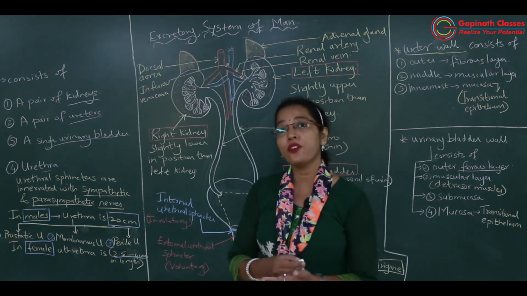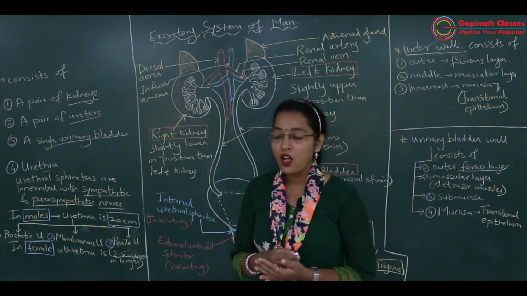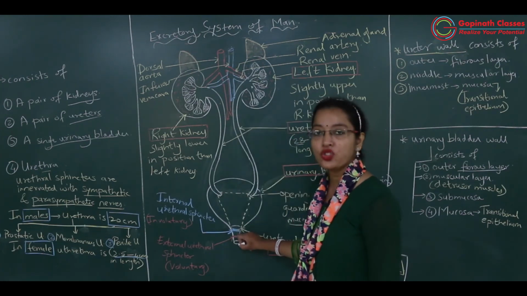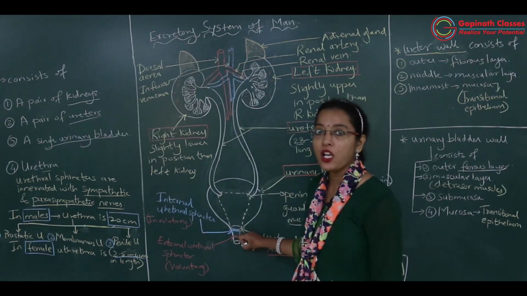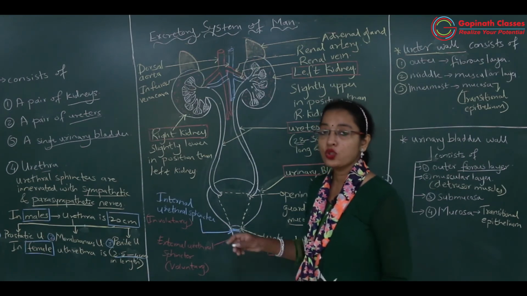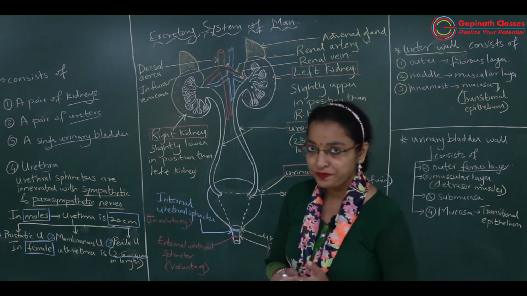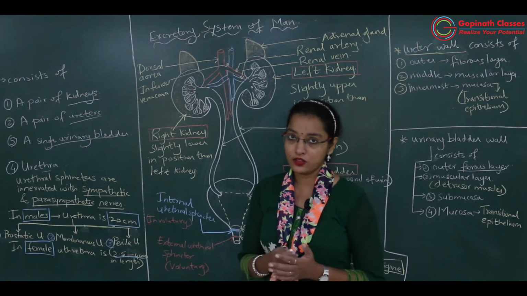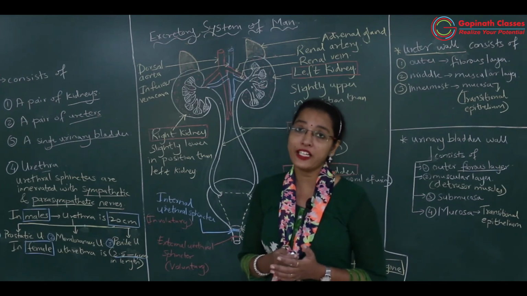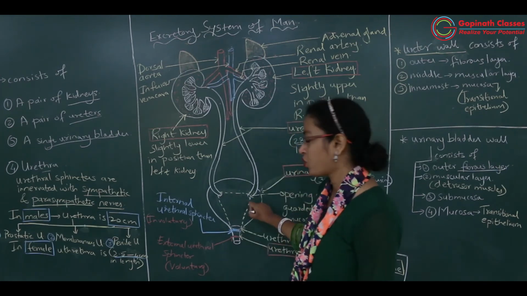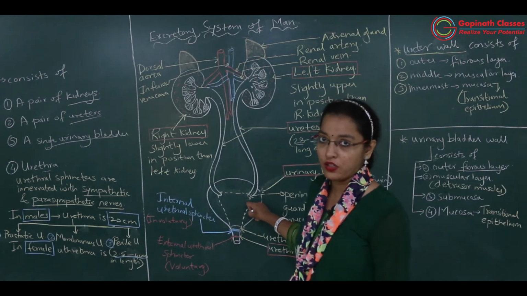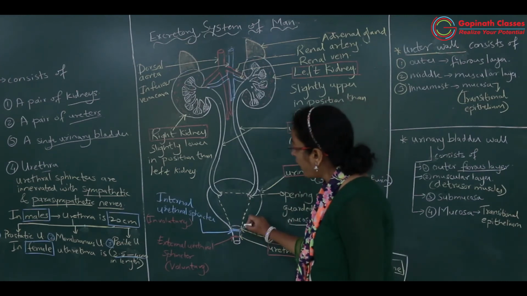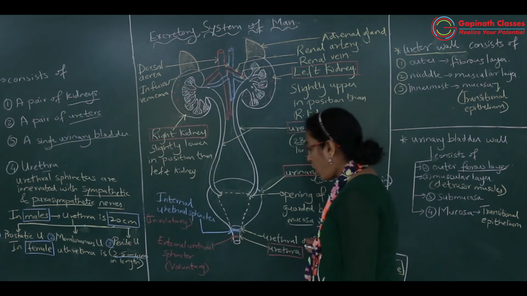Whenever micturition has to be done, the urethral sphincters will open, okay. So the urethral sphincter will relax, and likewise there will be release of urine stored in the urinary bladder. So this is the urethral orifice.